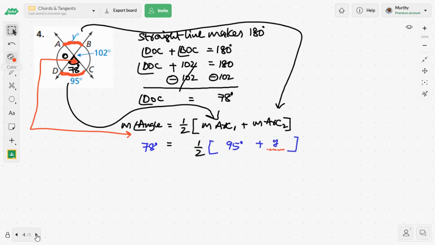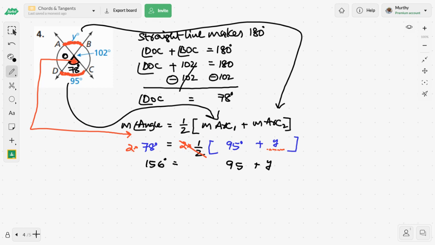How to do that? The inverse operation is times 2 on both sides. So 2 and 2 get cancelled. Then after the cancellation, I'm left with 95 plus y equals 2 times 78. 2 times 70 is 140, 2 times 8 is 16, so 156 degrees.